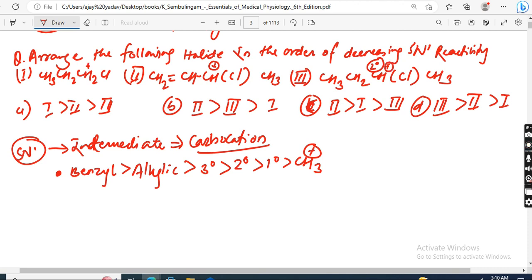This will form primary carbocation. So let us arrange this one. This will be the more stable carbocation, so 2 will be first, this is second degree, so this is 3, and this one is the first degree carbocation, so this is 1. So 2 is greater than 3 is greater than 1 will be the correct answer.